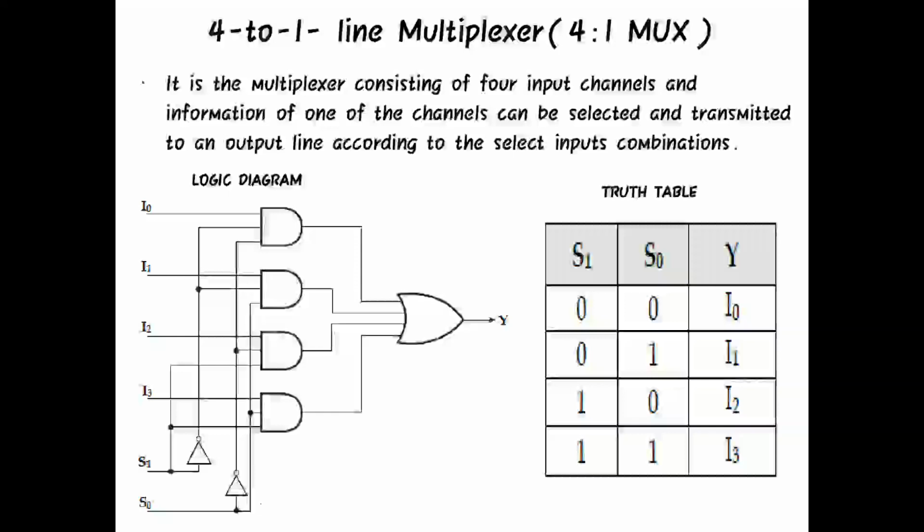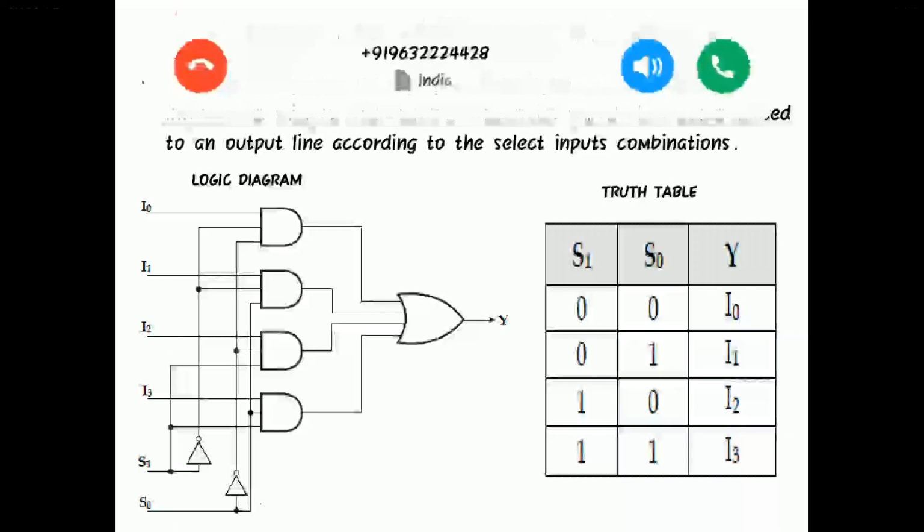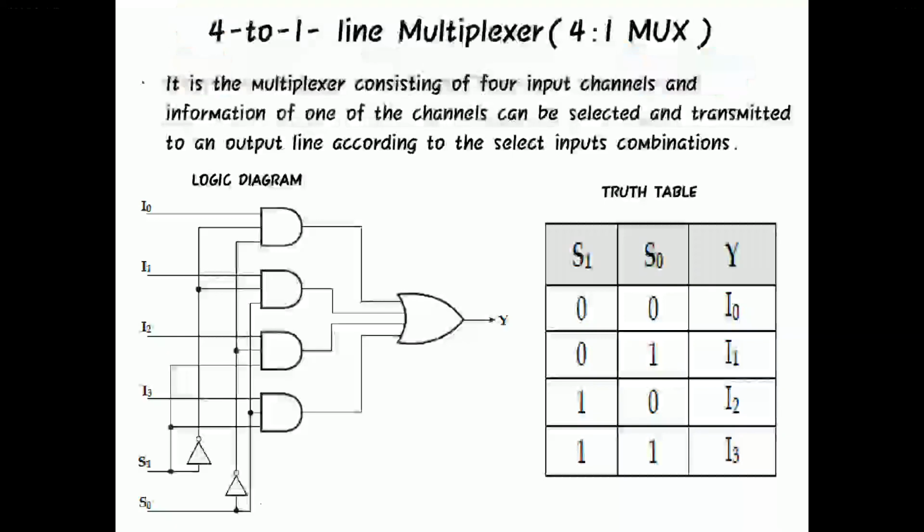We need to connect both the data inputs as well as the select inputs for the AND gate. Combinations are 0 0, 0 1, 1 0 and 1 1.